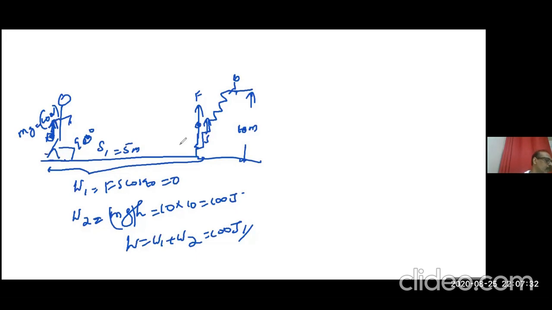Sir, but where is it specified that mass is 1 kg? To lift this object, he is exerting 10 Newton force. Then what should be the weight of the object? 10 Newton. That is mg, right? I got it. In physics, they won't tell everything directly. You should think and find out.